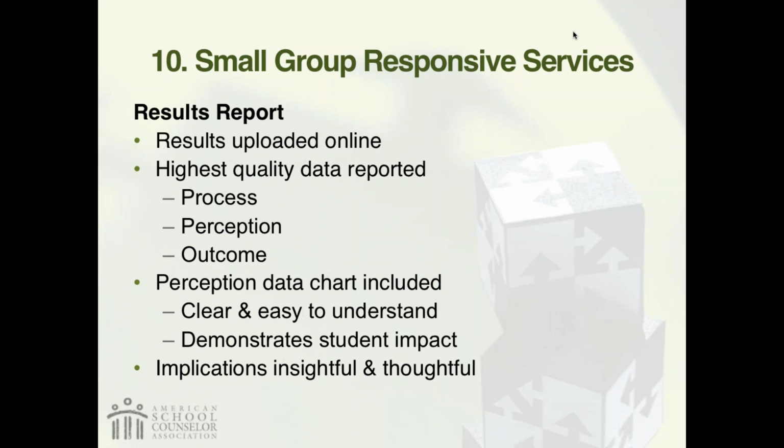And once again, as in previous components, the implications piece of this report is what matters. How do you use what you've collected, what you've learned, to make your practice better? Be insightful, be thoughtful about those implications.